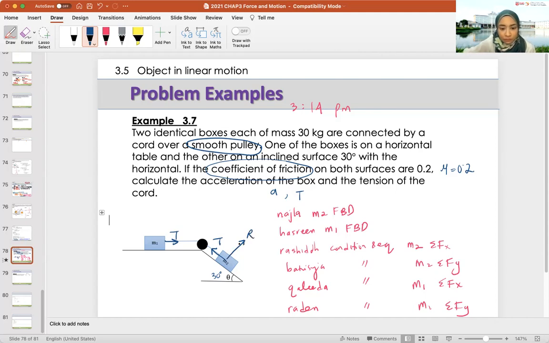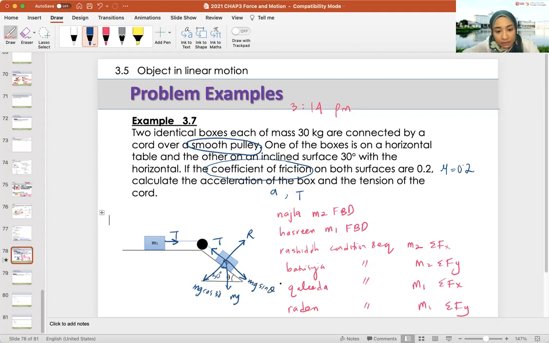Lepas tu bawah dia mg cosine 30. Lepas tu yang kanan dia mg, opposite dengan tension tu mg sin 30.